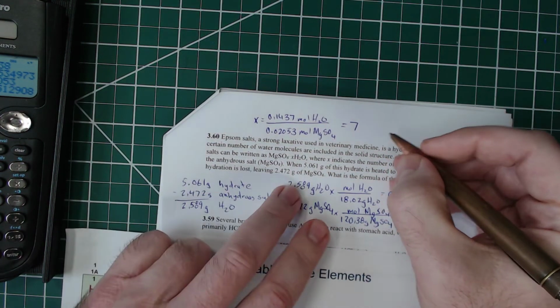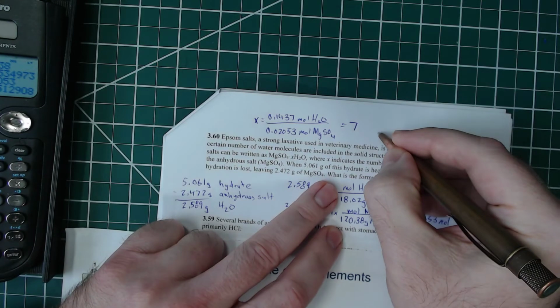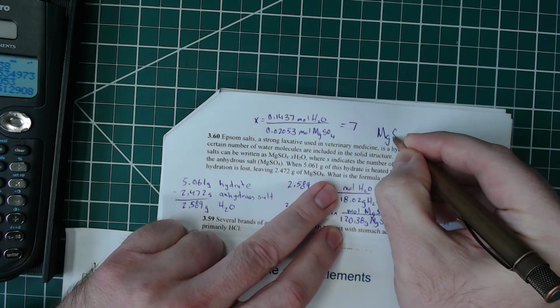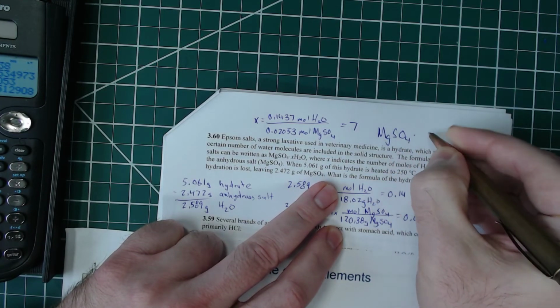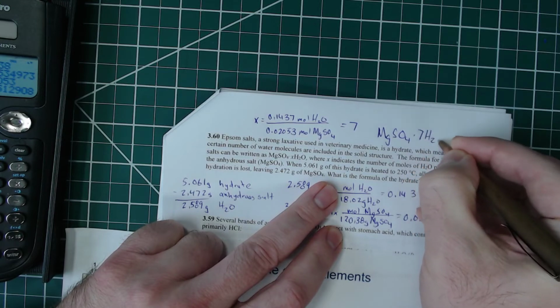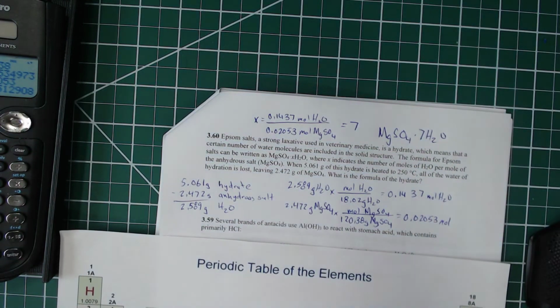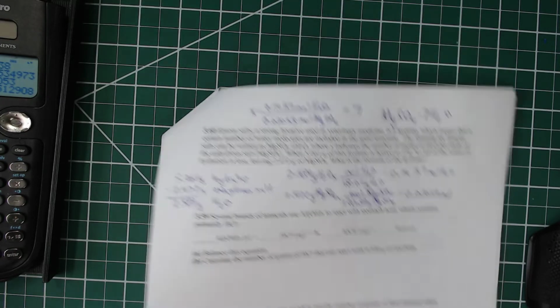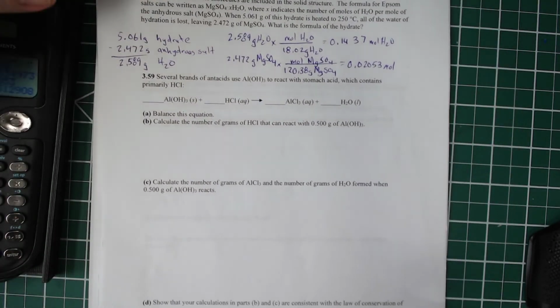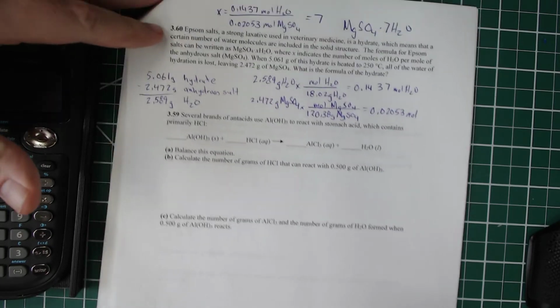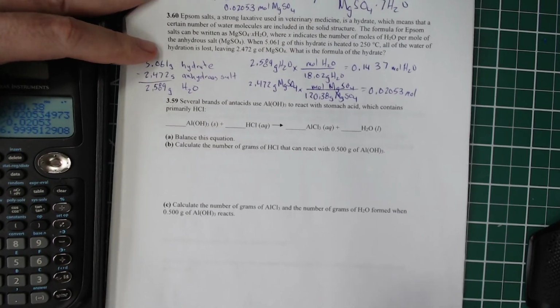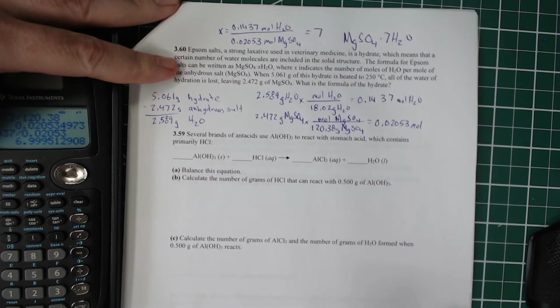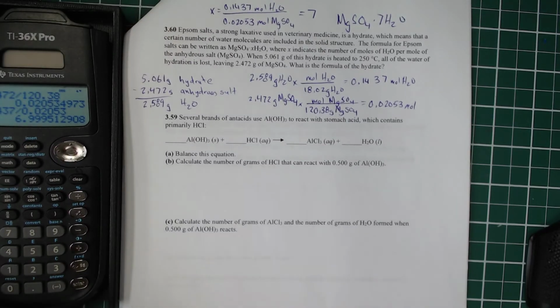That means that our formula for the hydrate is MgSO4.7H2O. And that is how we determine what the formula for a hydrate is. All right. So I know that that particular problem did not fit in perfectly with talking about stoichiometry, but I wanted to get that problem in, so that's why I put it there.